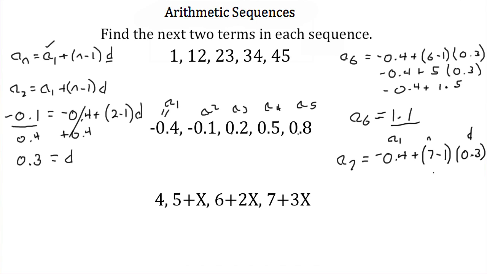Again, solve this out. So this would be 6 times 0.3 plus a negative 0.4. This would go to 1.8 plus a negative 0.4. So our seventh term, or A7, would be equal to 1.4.